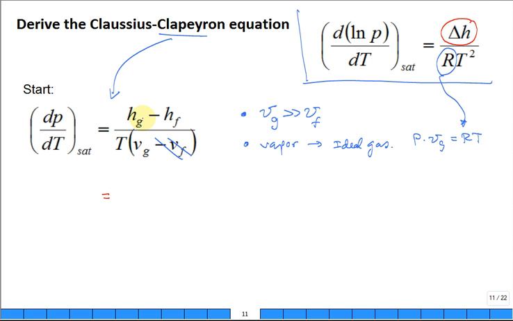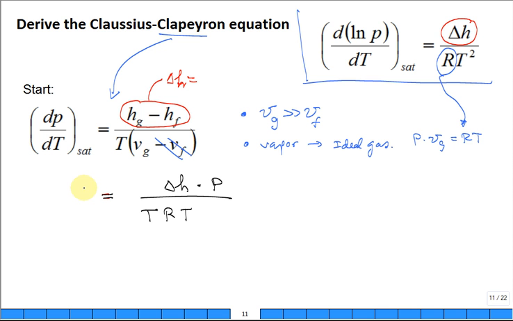Is that simply H of G minus H of F? Is delta H, is that what that's equal to? That is. Okay? So what we do is we start to make it look like the Clausius-Clapeyron equation. We have delta H just by name calling. T, we have V sub G, which is RT over P. Make sense?